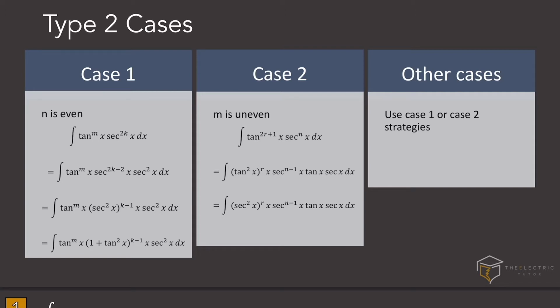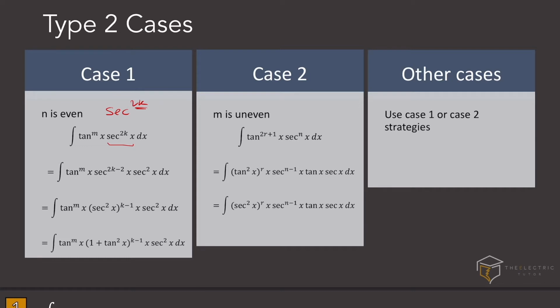Alright, so just like we did for type 1, we're going to divide this into cases. Case 1, where n is even. In other words, when secant has an even power, what do we do? Well, our goal again at the end is to use u-sub.